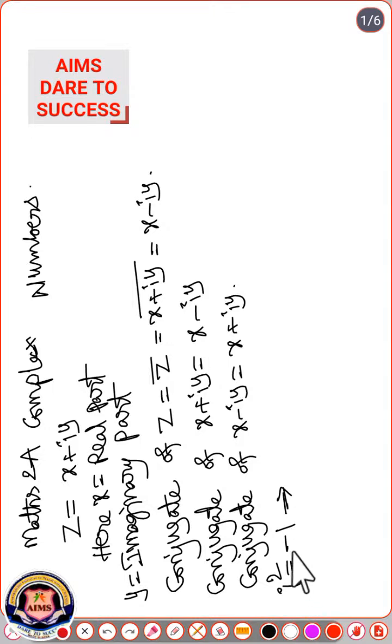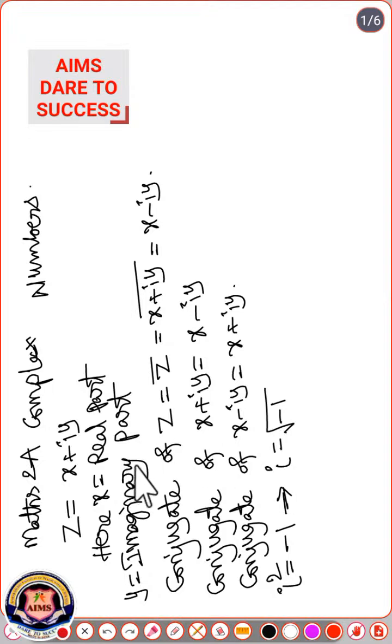Where do we get i square equal to minus 1? i is equal to the square root of minus 1. If there is a negative symbol inside the under root, that is denoted by i. In place of root minus 1, you can take the i value. So simplifying, you get i square is equal to minus 1.